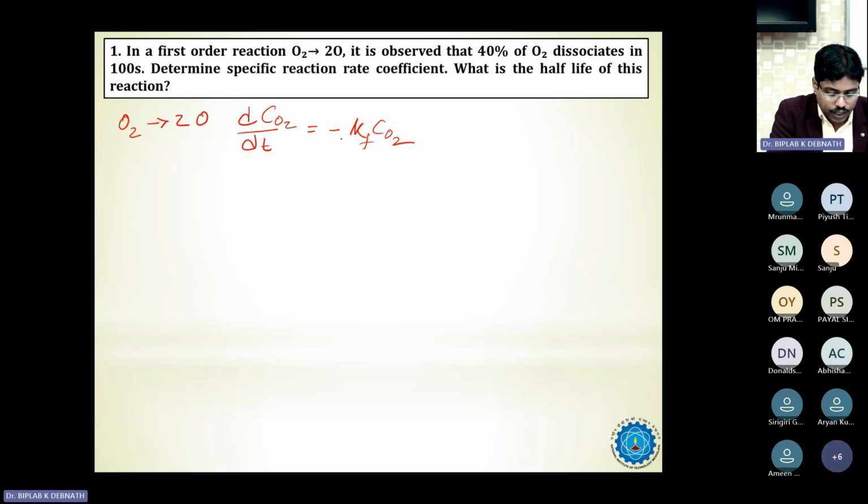We found that the time is changing from 0 seconds to 100 seconds.